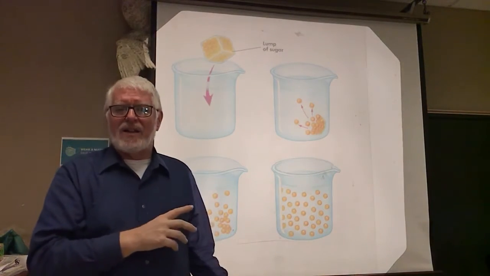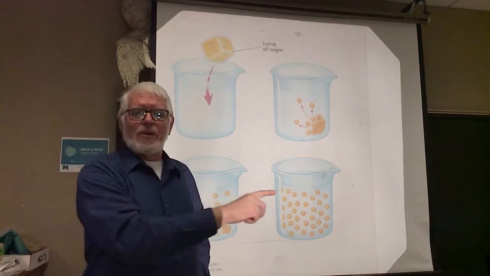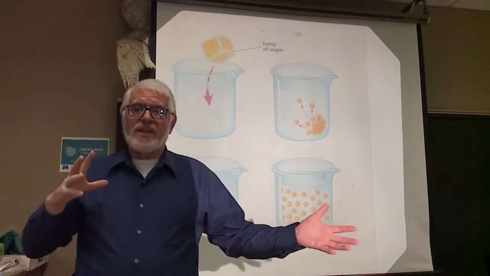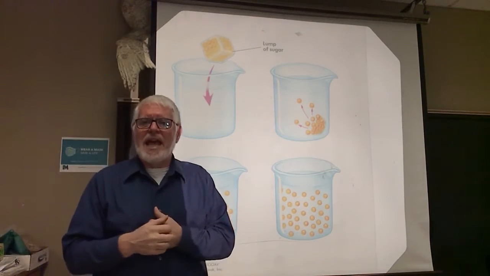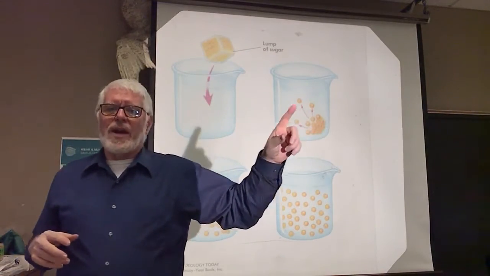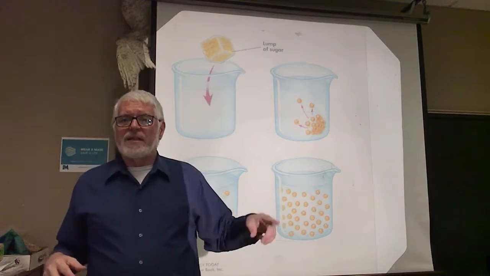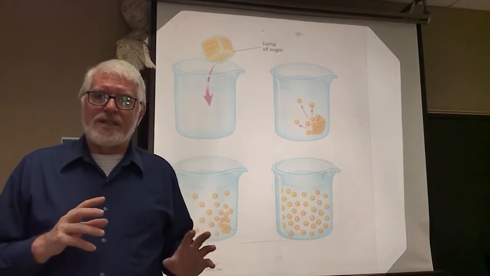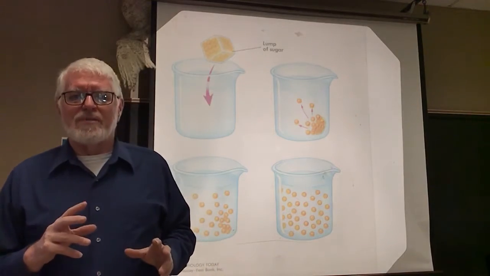And you couldn't tell where that lump of sugar was to start with, because they're moving in every direction. They will have spread themselves evenly through whatever medium they can spread evenly through. And that is diffusion. Movement from an area of high concentration to an area of low concentration until the concentrations are balanced, if the concentrations can be balanced. Sometimes you can't hit a balance in concentration.